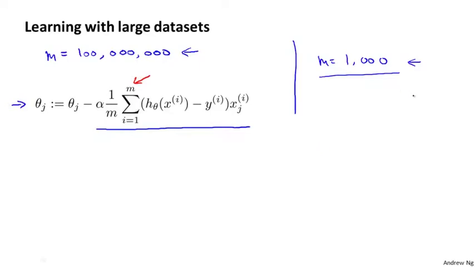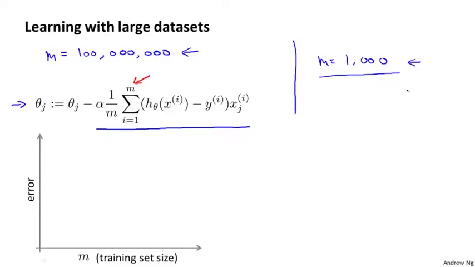The way to sanity check if using a much smaller training set, m equals 1,000, might do just as well is the usual method of plotting the learning curves.